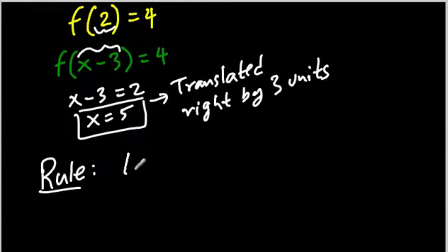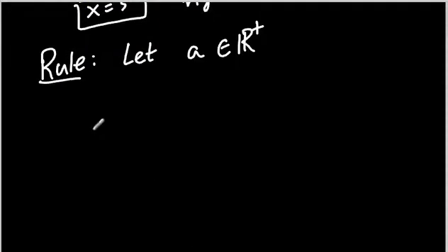Let's say some variable a is an element of the positive real numbers. So in other words, a is just a positive number. That's all that means. So if we say f of x plus a, this does the exact opposite effect.